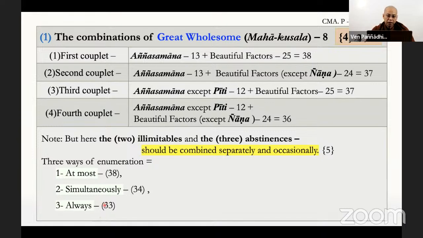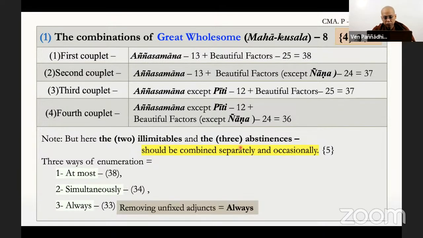So this is an important message when you learn about the Abhidhamma as a beginner. But for the traditional way, if we try to follow the Pali explanation, because Pali is always shortened, it is quite difficult. So given this method, how to count the at-most number and how to change them into simultaneously and always, by following this principle, then we can understand.